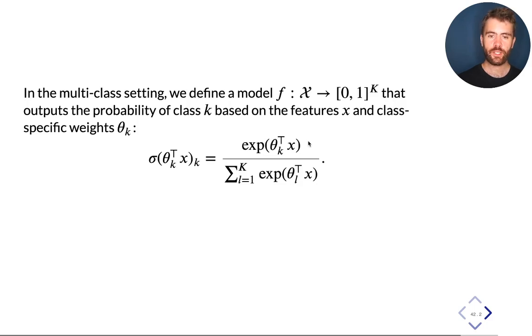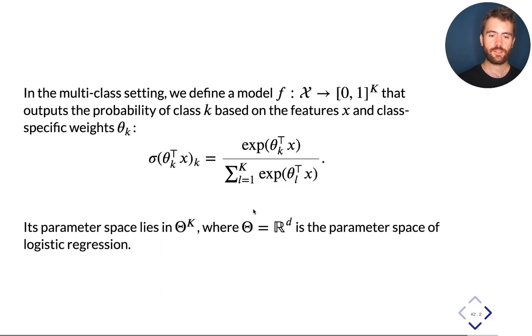So in other words, given an input, our model's set of parameters is k instances of theta.